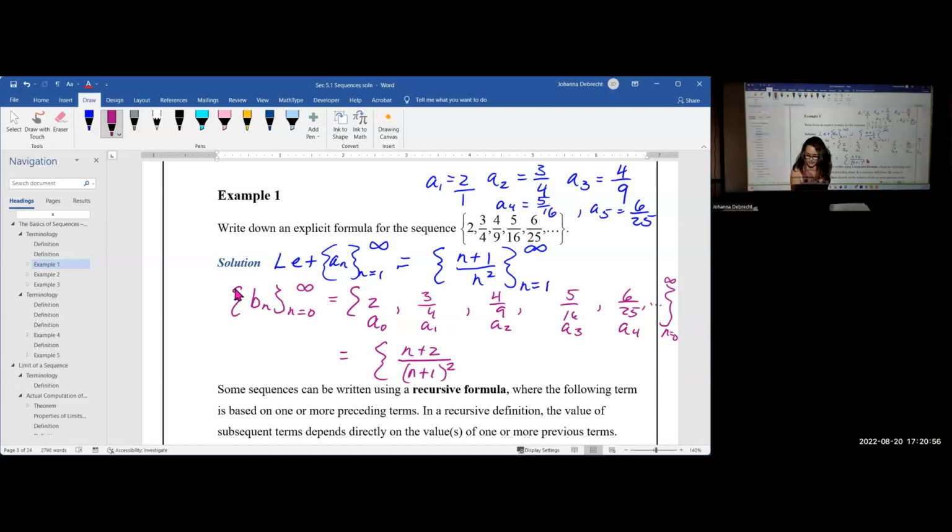This then becomes the explicit formula if we start at n equals 0 and go to infinity. It generates exactly the same list of numbers as the explicit formula in blue. They both generate the sequence 2, 3/4, 4/9, 5/16, and 6/25, and so on.